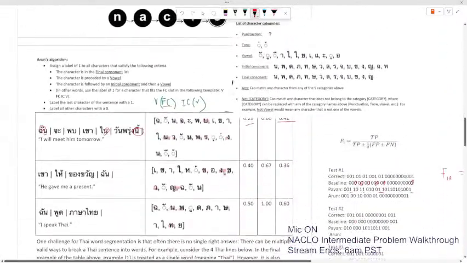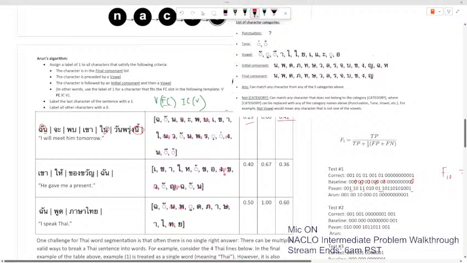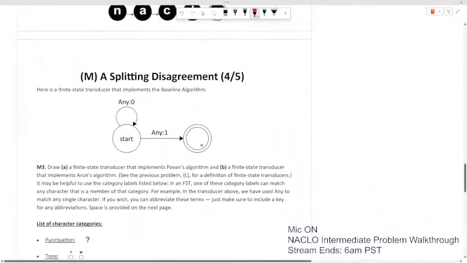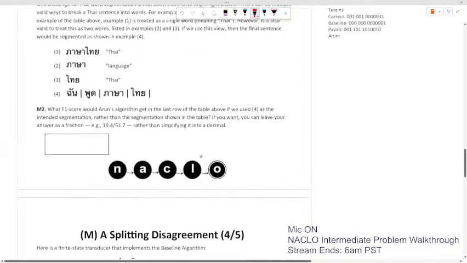Alright, we've done M1. It is 5:49. Let me see how much more of this is there. Is it worth it to start M2?